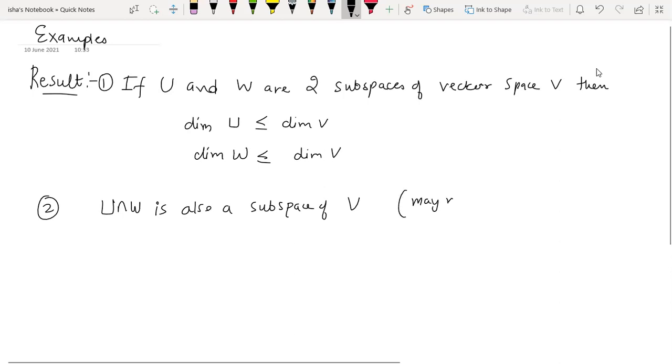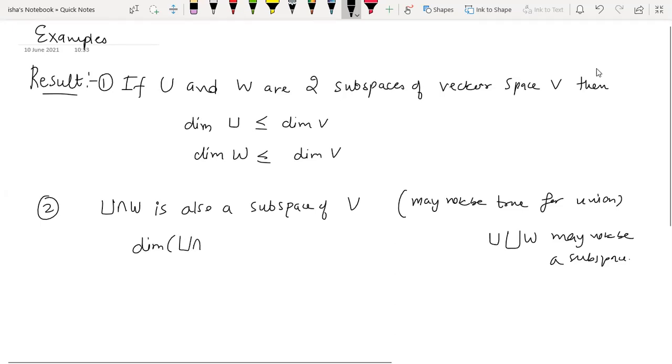This may not be true for unions, that U union W may not be a subspace. But right now we are just going to use the intersection one and the dimension one. Since U intersection W is also a subspace, its dimension is also going to be less than or equal to the dimension of V, because it is a subspace of V.